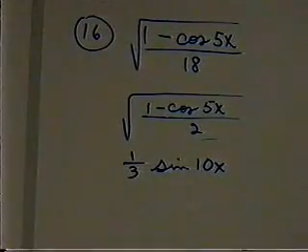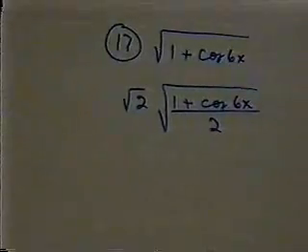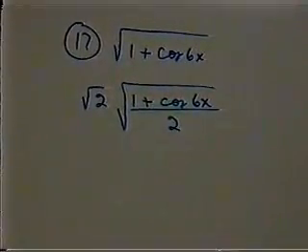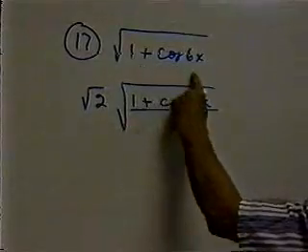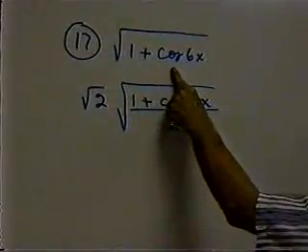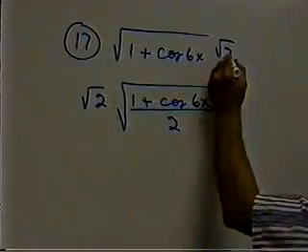All right, let's look at example 17 in terms of having to do some other kind of algebra to get the job done. Okay, so 17 we have here. Okay, I don't have a 2 on the bottom. Do not have a 2 on the bottom. So what I will do is multiply the top and bottom by the square root of 2.